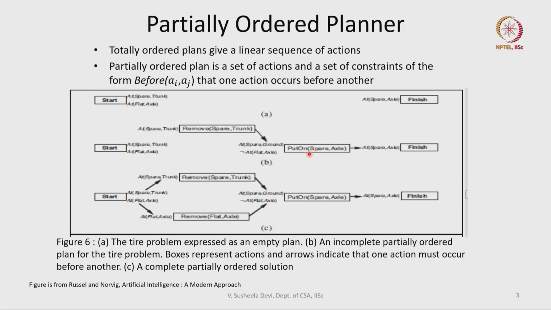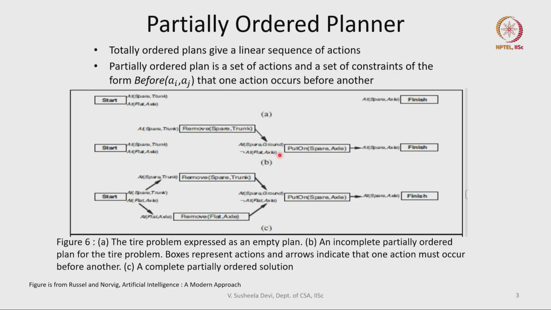What you are going to get here is put on spare axle. If you say put on spare axle at this point in time, that will have some preconditions, and you have to see that those preconditions are met. So the preconditions here are at spare ground and not at flat axle, right? So these are the two preconditions that have to be met.